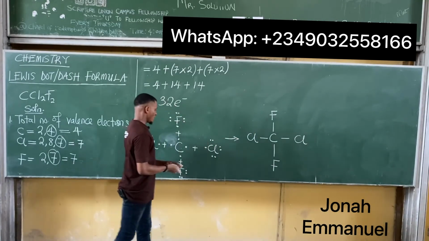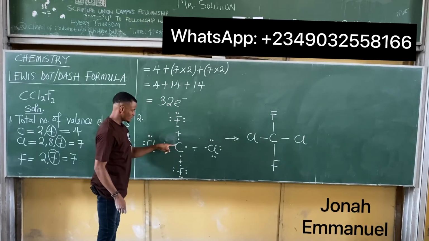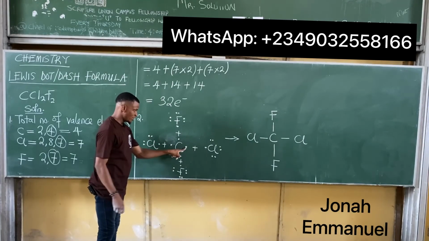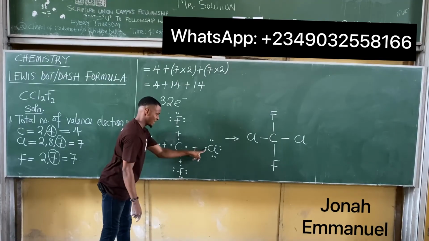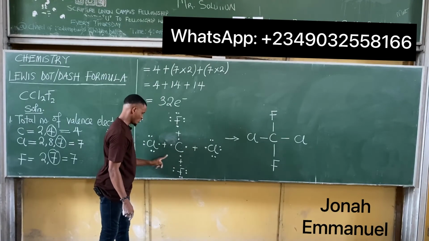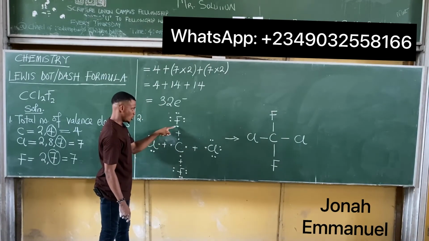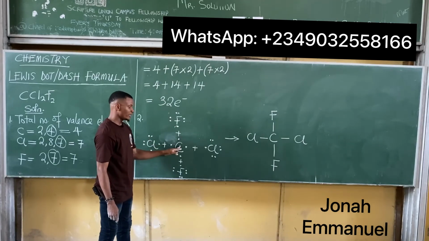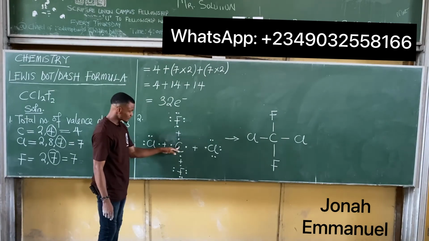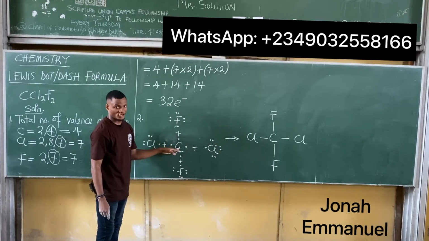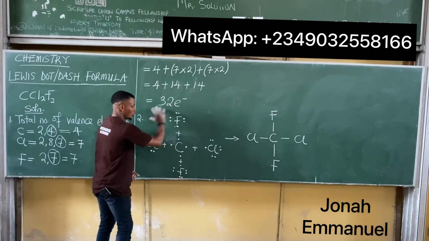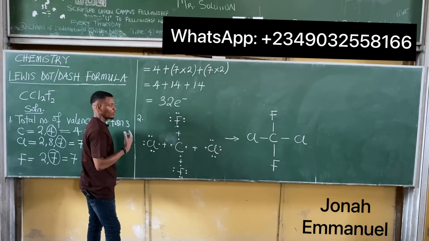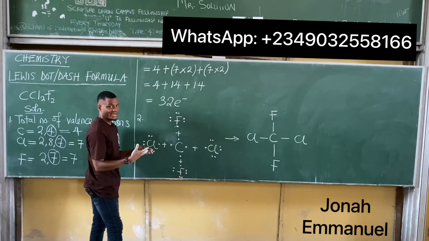Likewise for the other chlorine and the other fluorine. If you observe, chlorine has 1, 2, 3, 4, combining with this becomes 5, also with this 6, this one 7, and this 8. So carbon has achieved the octet configuration. It's now stable. All of them have achieved octet configuration by combining.